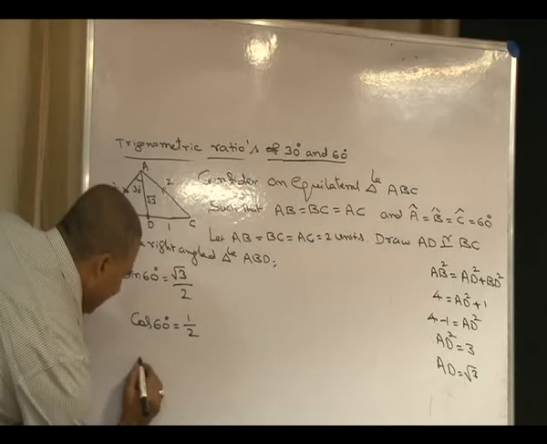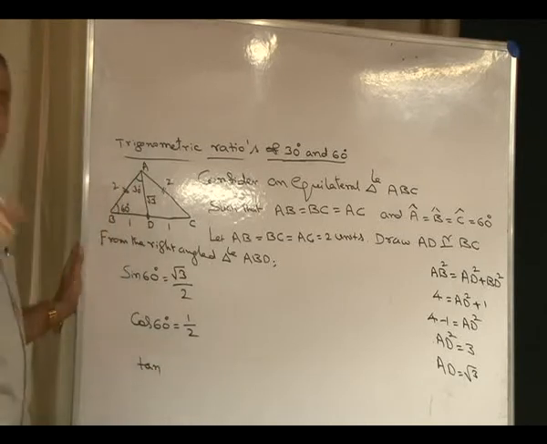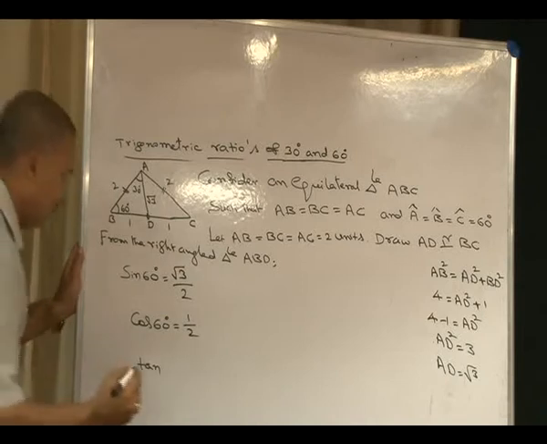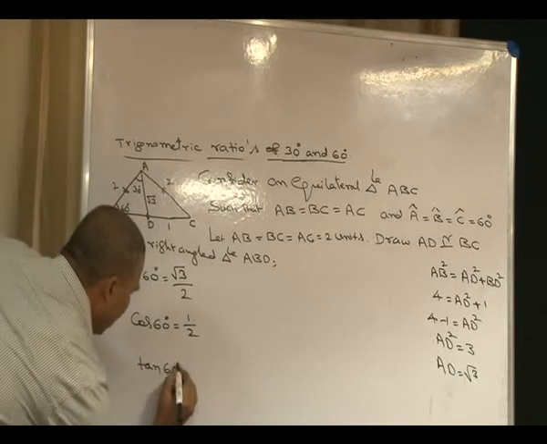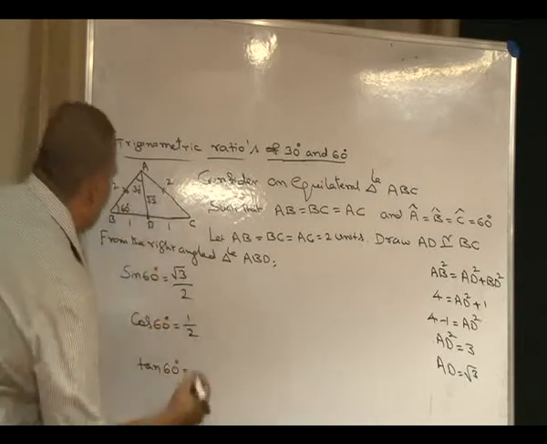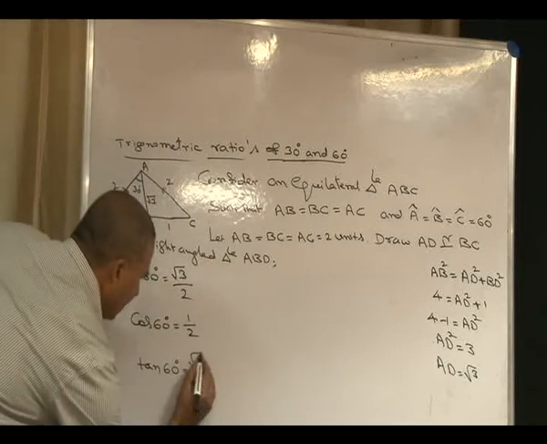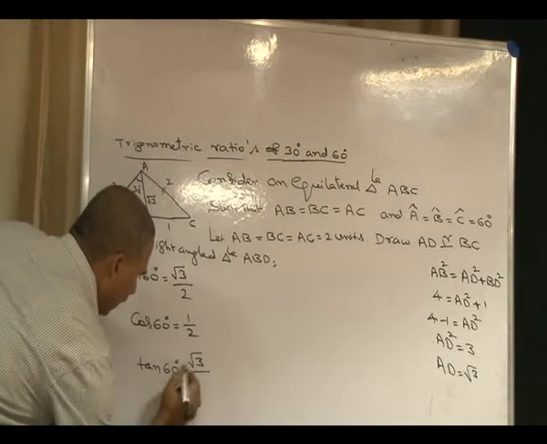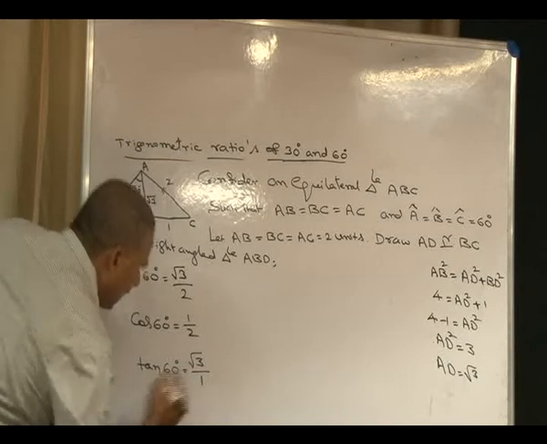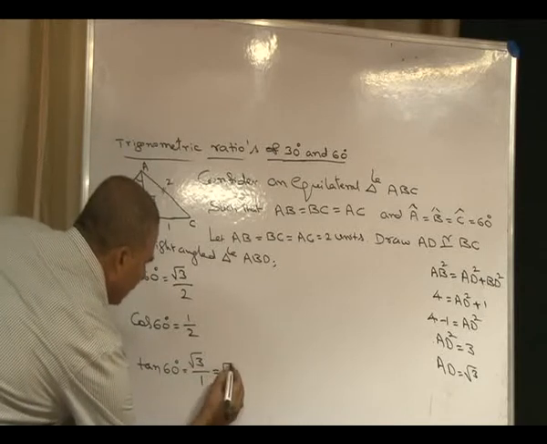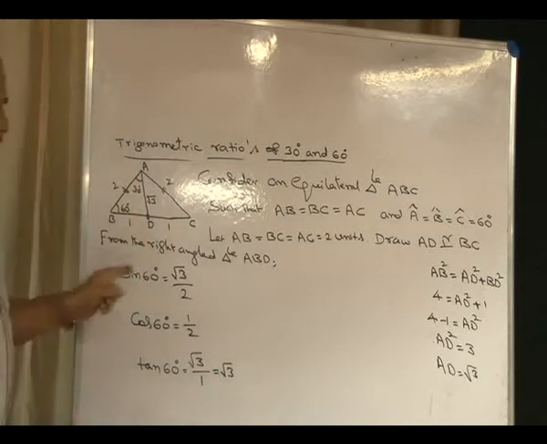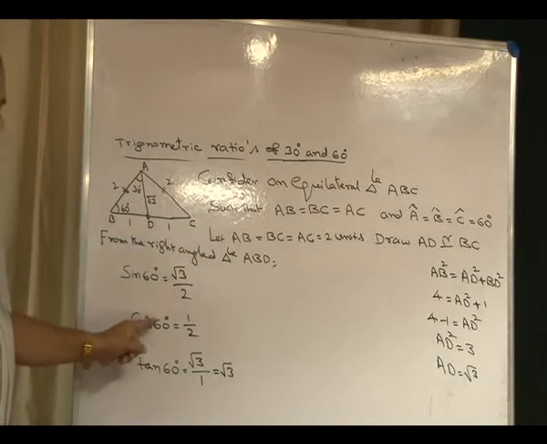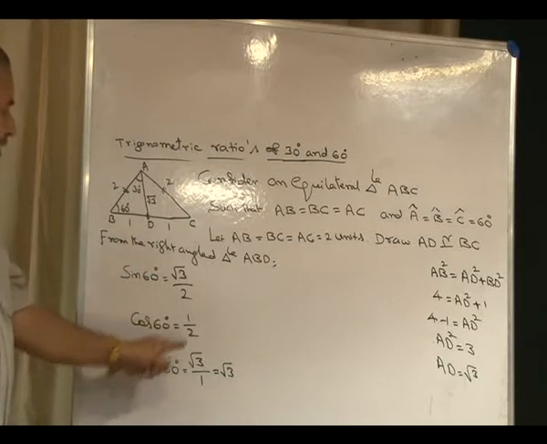Tan 60 degrees is equal to opposite side by adjacent side, that is root 3 by 1, which is root 3. Sin 60 is root 3 by 2, cos 60 is 1 over 2, tan 60 is root 3.